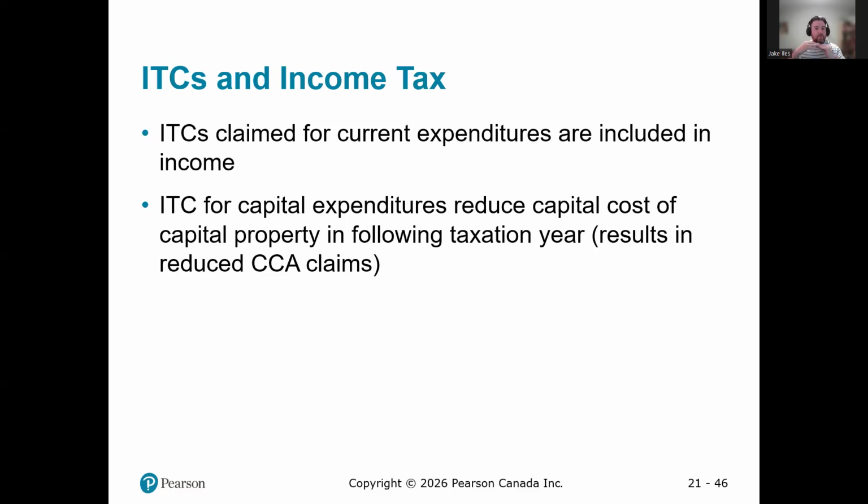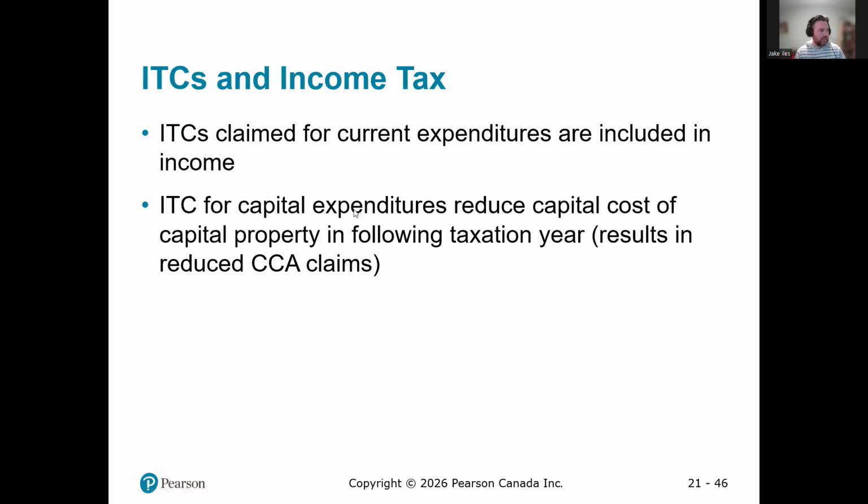That difference between what we've collected and what we're remitting will go into our income statement as additional revenues or additional costs. ITCs for capital expenditures reduce capital cost of capital property, which affects our CCA claim. So if we're claiming more ITCs, then that's coming out of our capital cost numbers, which will affect our CCA calculations.